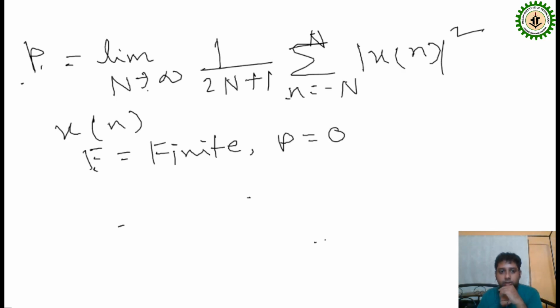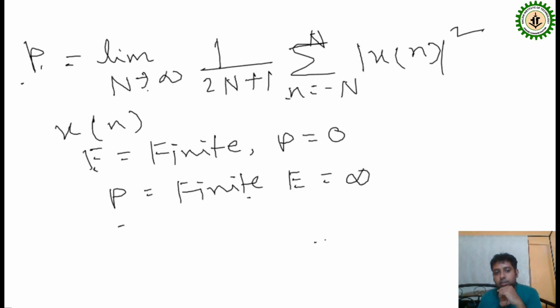Similarly, a signal is said to be a power signal when power is equal to finite and energy will be equal to infinite. Now a signal which does not satisfy these two conditions, then that type of signal is said to be neither energy nor a power signal.